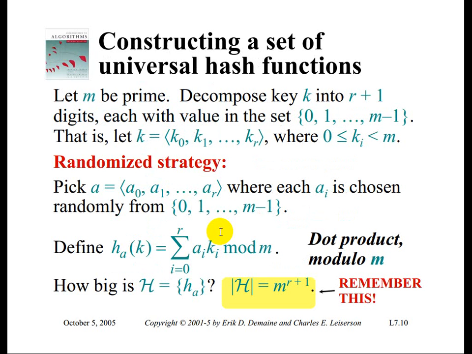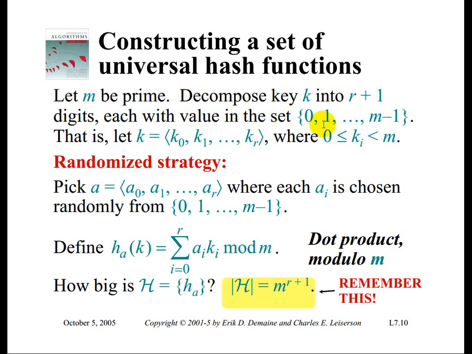Okay. So now, how do you construct such universal hash functions? This is a particular strategy. Let m be prime. Now this proof is important, so just go over the proof with me. Let m be prime. Decompose key k into r plus 1 digits, each with value in the set 0 to m minus 1.